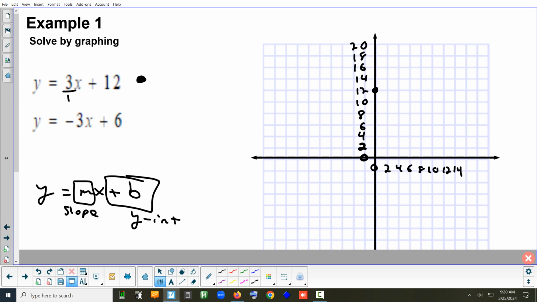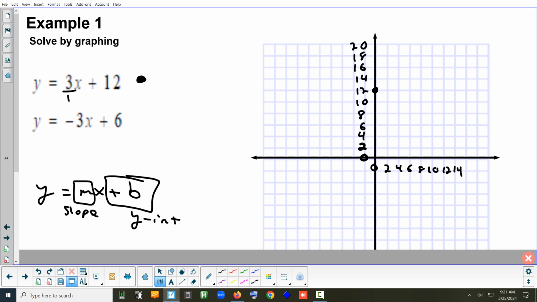So you have to get your x, right? Yeah. So wouldn't it be in between 4 and 2? Well, go up 3. So you're going to go up 3, yep. And over 1. And which way is over? To the right, yep.